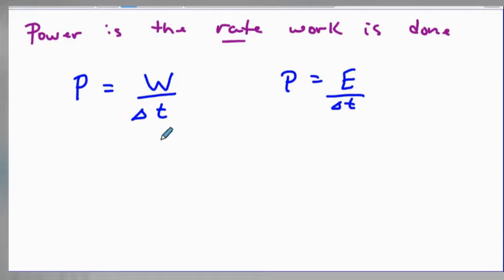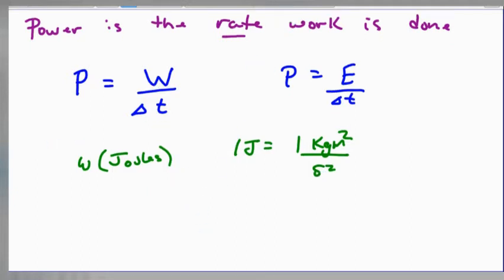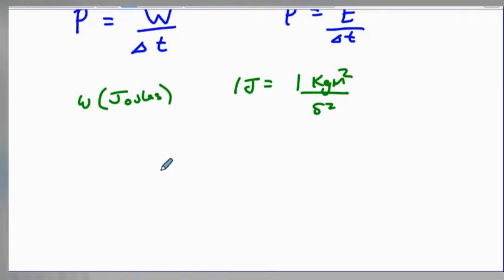Let's look at the units here for a second. If we remember that a work unit is in joules, and that 1 joule was 1 kilogram meter squared per second squared, now we're going to take that and divide it by our time units, once again time in seconds.